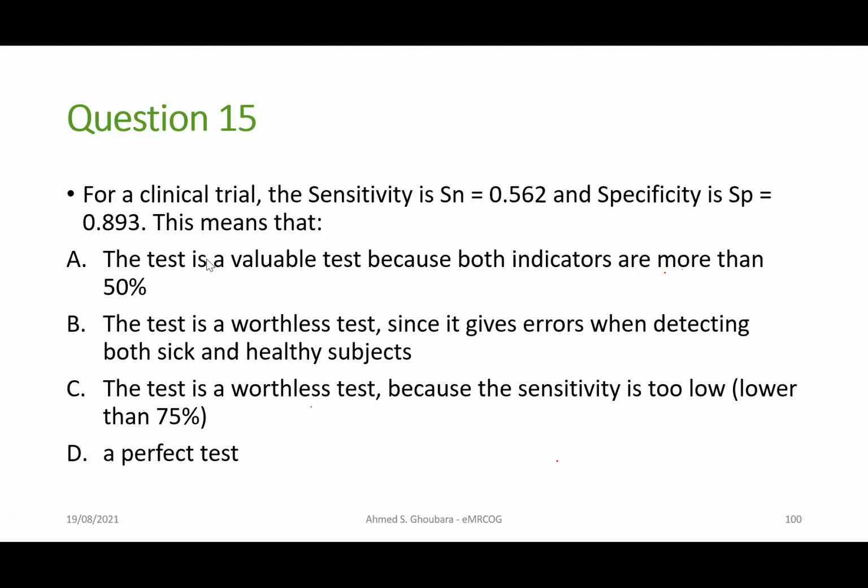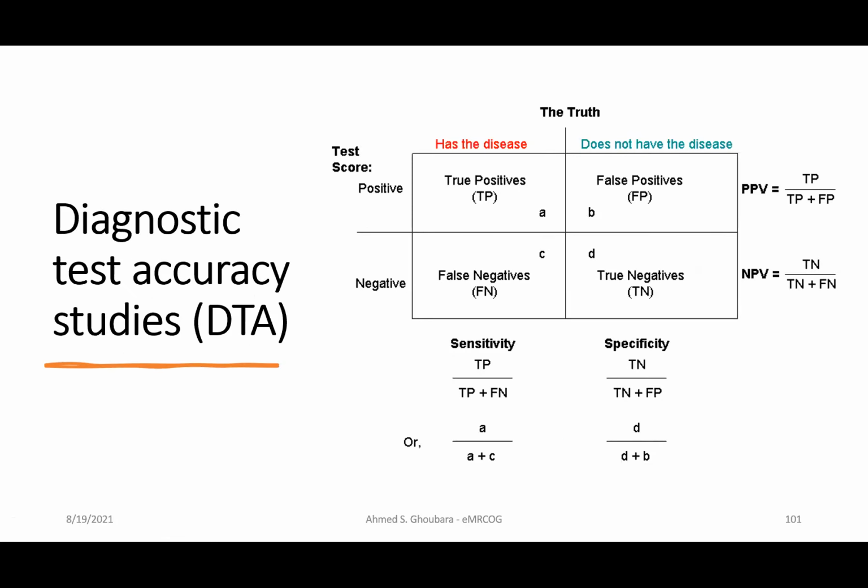Okay, so let's now talk about something called diagnostic test accuracy. This table looks familiar, right? We did that a couple of minutes ago for the odds ratio and risk ratio. But this time we're talking about something else.